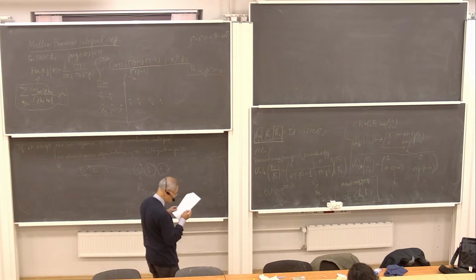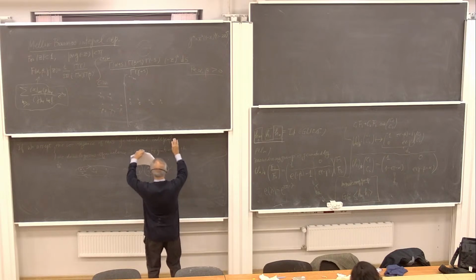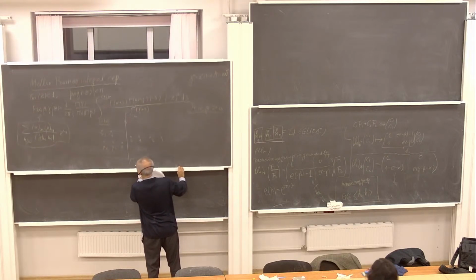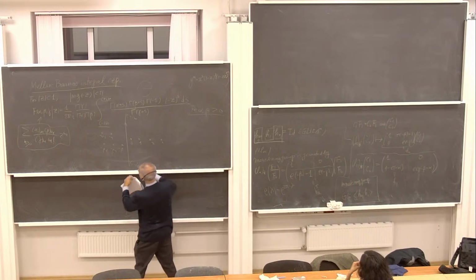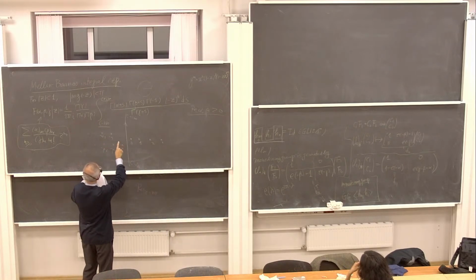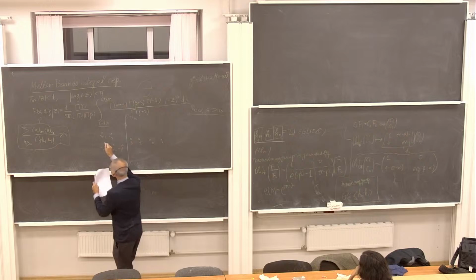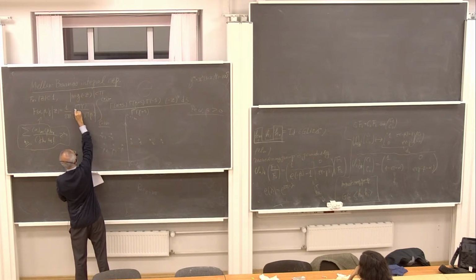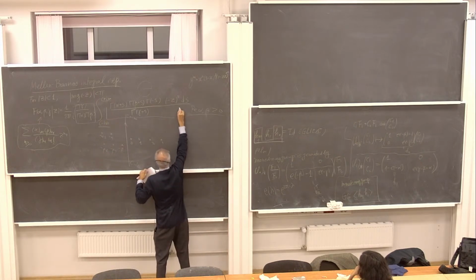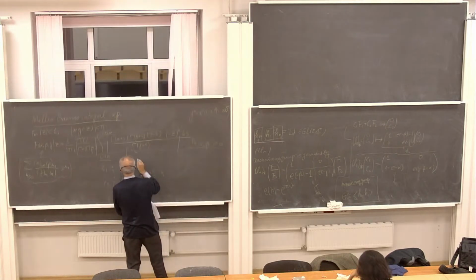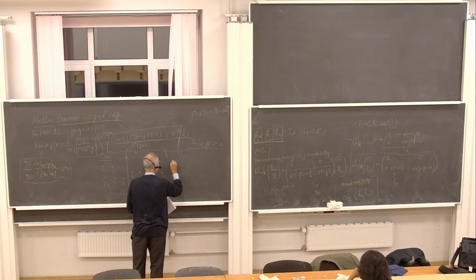Let me denote this function by G(s), without the 1 over 2 pi i, including this constant factor, a meromorphic function that I denote by G(s).